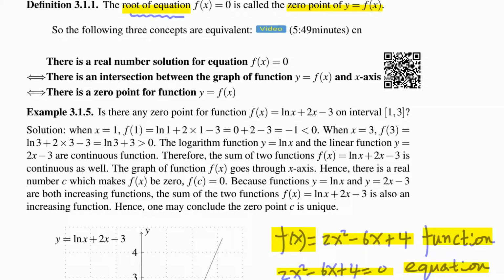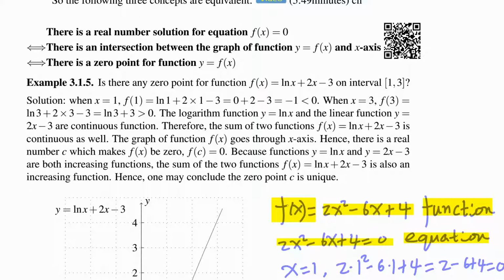Okay. And if we recall that when x equals 1, we plug into the expression, we should have 2 times 1 squared minus 6 times 1 plus 4 equals 0.